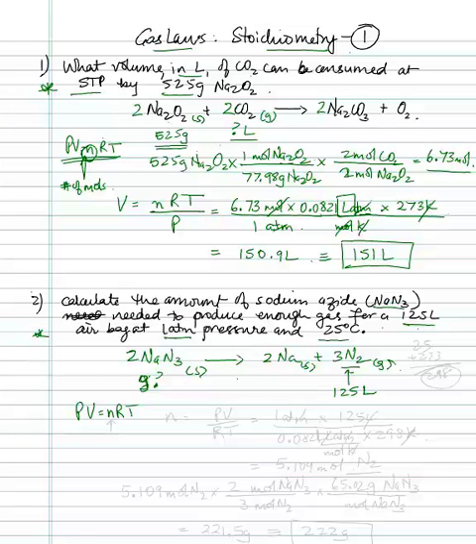We still need to find the number of moles to get to the moles or the grams of sodium azide. So n equals PV over RT. Pressure is 1 atmosphere, the volume is 125 liters, R is 0.0821 liters atmosphere per mole Kelvin, times temperature, which is 25 plus 273, 298 Kelvin.